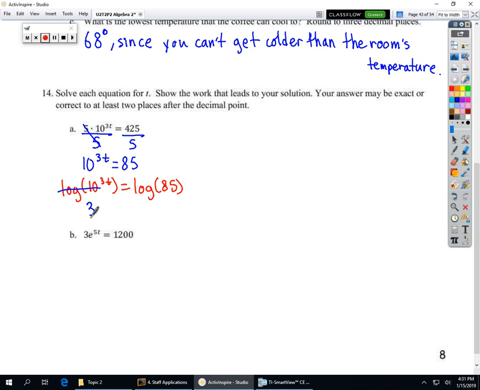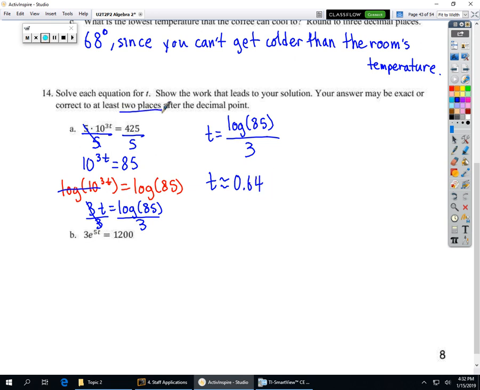I'm left with 3t equals log 85. Now I need to divide by 3. That cancels, so I got t equals log 85 over 3. If I put this into the calculator, I will end up rounding it to 0.64 because it asks for 2 places after the decimal point. So just 2 is fine.